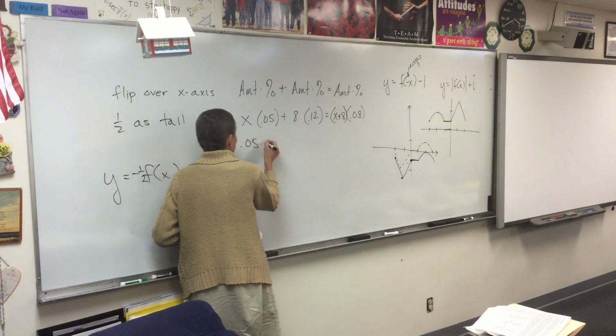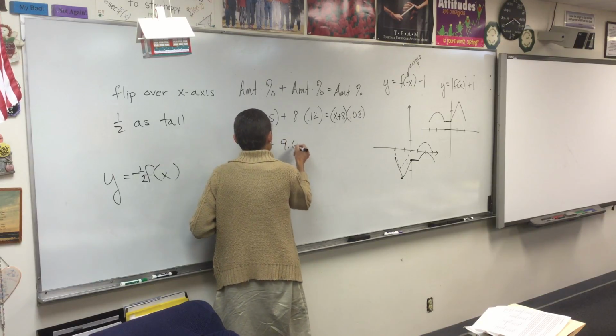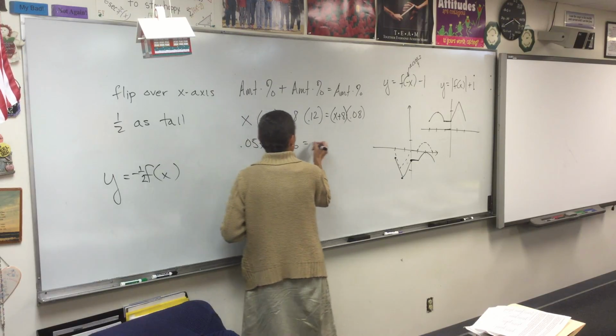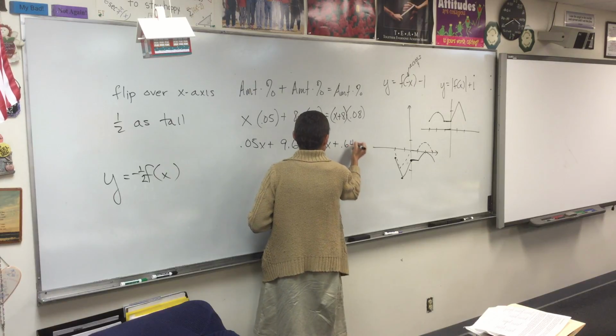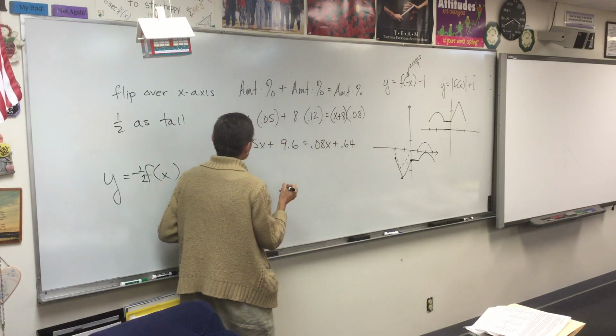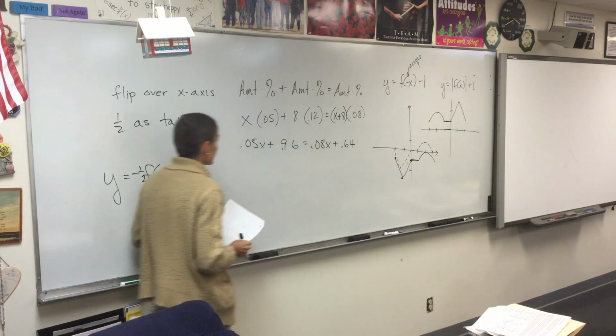So 0.05x plus... Let me double check my arithmetic, I'm doing this on a calculator, which is crazy dangerous for me. This would be 0.96, wouldn't it? Yeah.